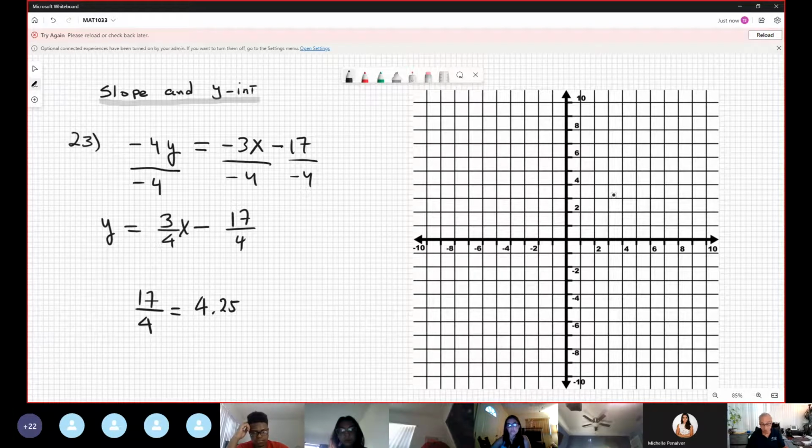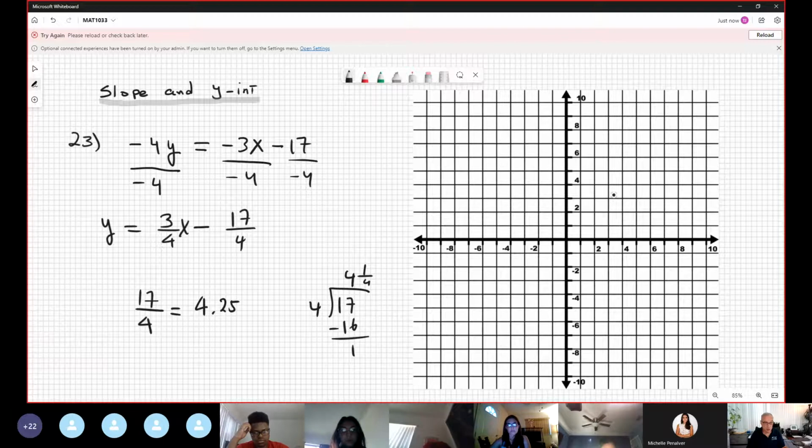Suppose I have no calculator, but there's no reason not to have one in the United States because it's cheap. You divide 17 by 4, which is 4. 4 times 4 is 16. Subtraction is 1. This is 1 over 4, and I know that 1 over 4 is 0.25.